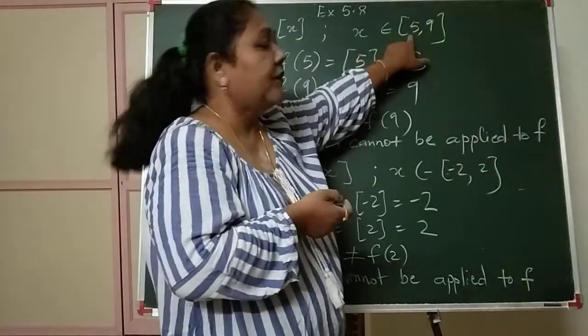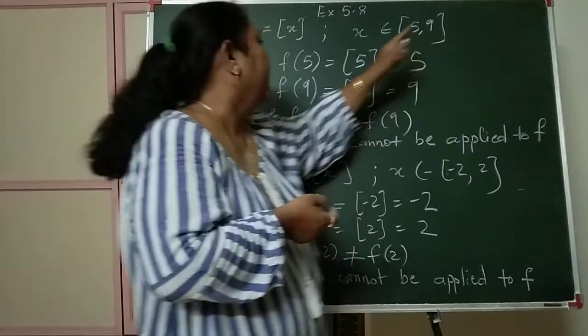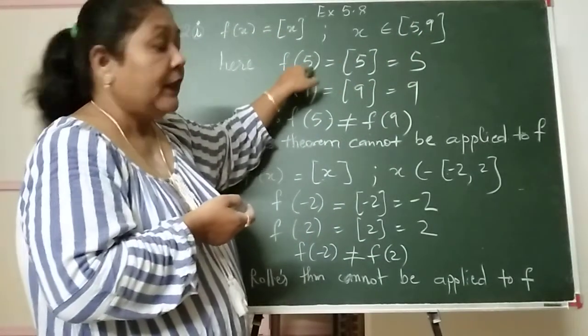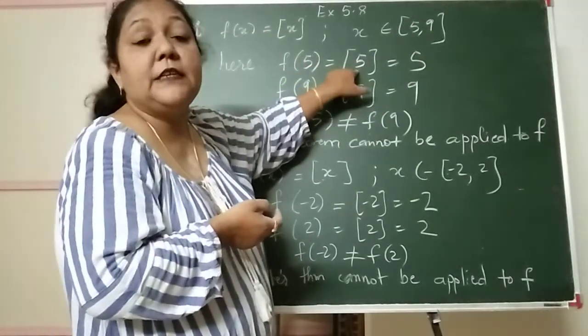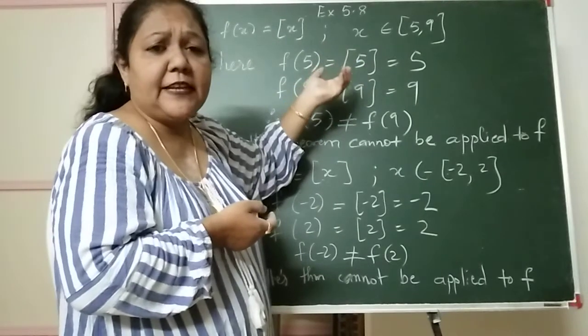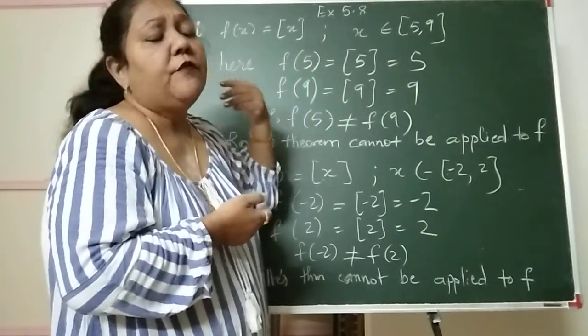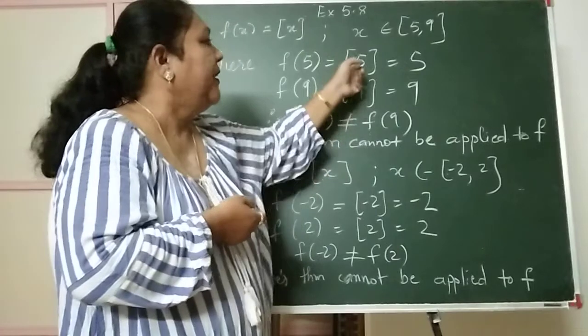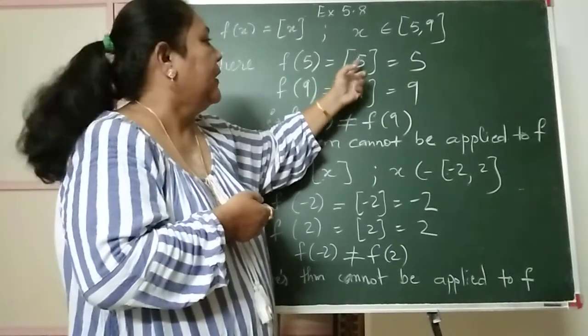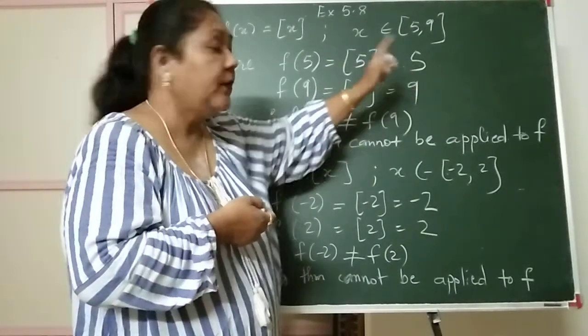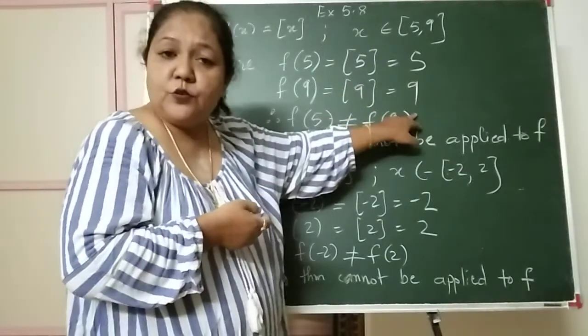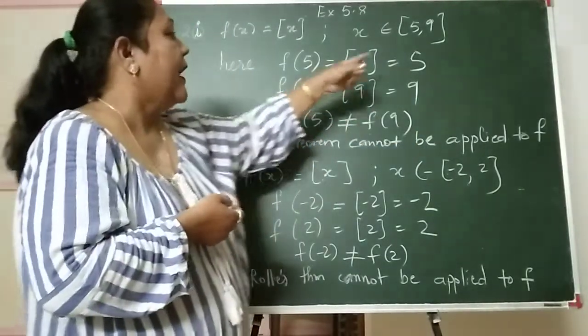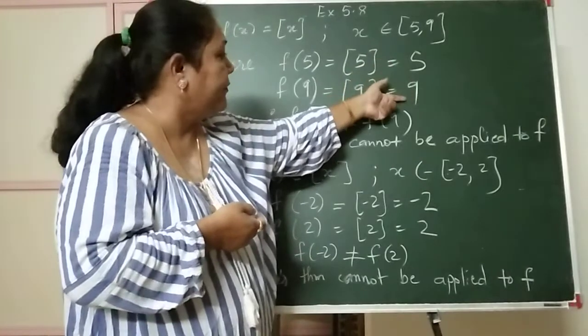My a means the first number and b means 9. So I find f of 5. F of 5 means the integer value of 5. If it was a decimal number, you would have to find that integer value, but it is already an integer only. So the integer value of 5 is going to be 5 only, and the integer value of 9 is going to be 9 only. That means f of 5 is 5 and f of 9 is 9.